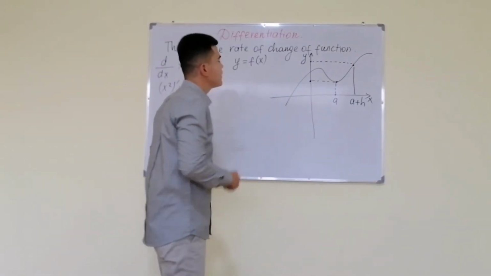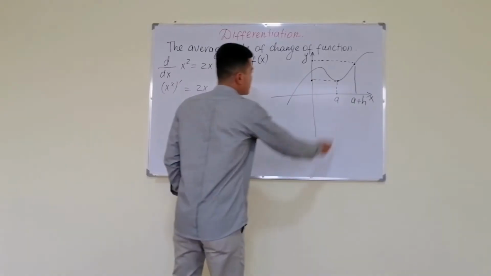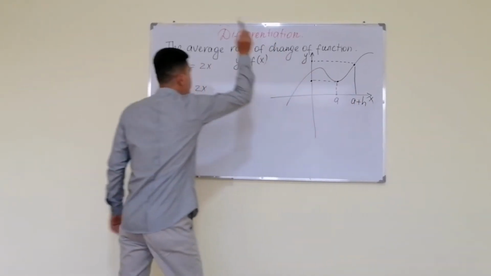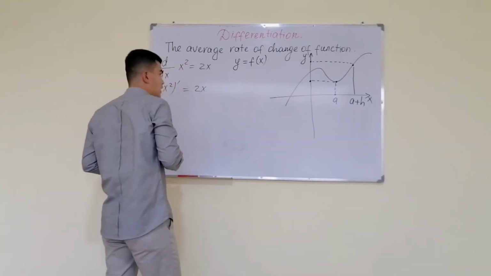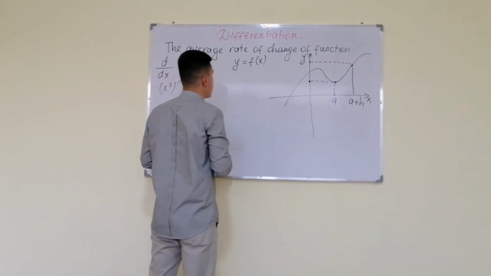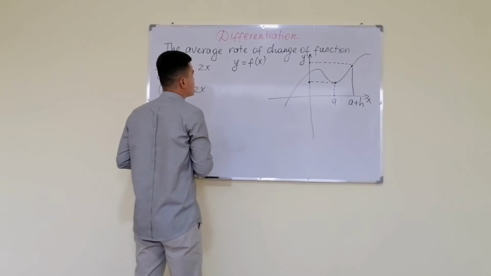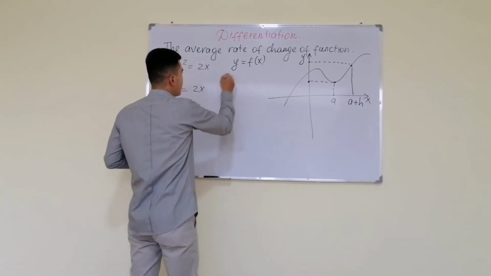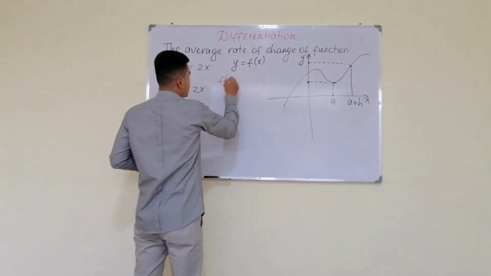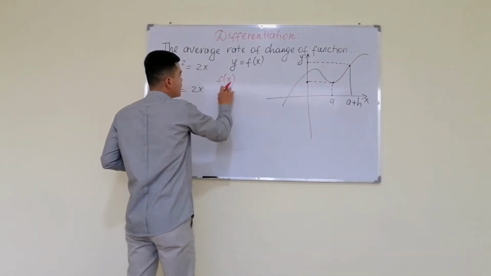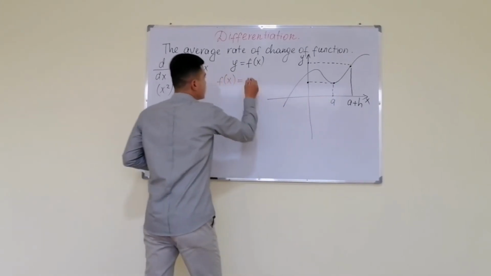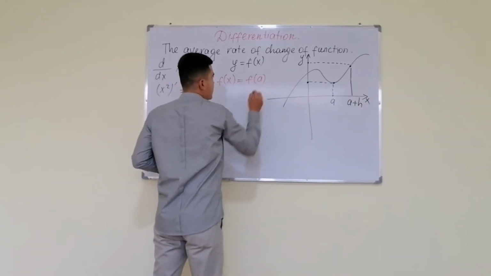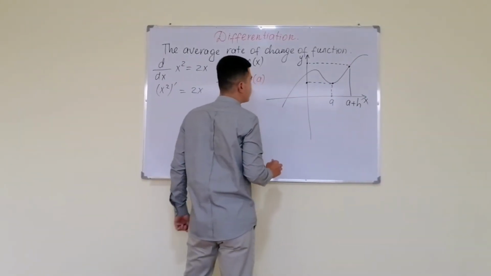Okay, how will we find it? It's easier. We will take these 2 points and put them instead of x. It will look like this: f with respect to x. If you put this point instead of x, it will be f(a).